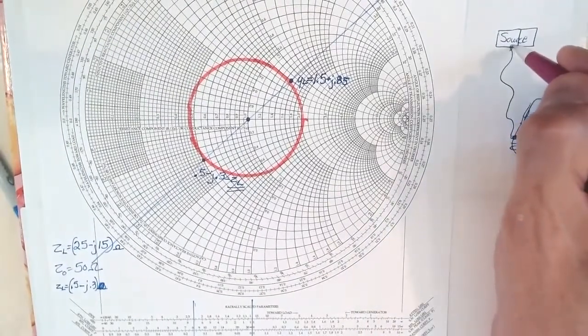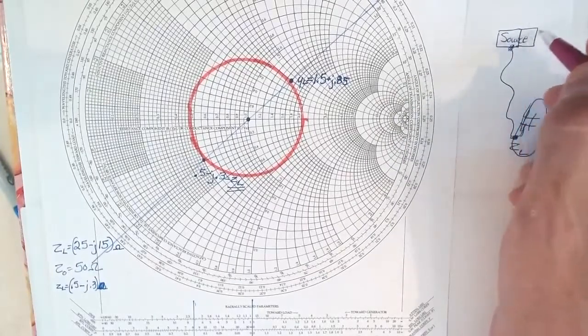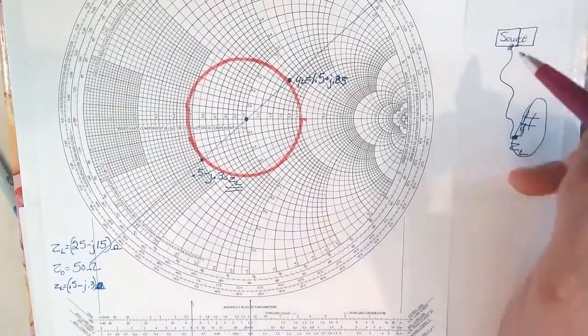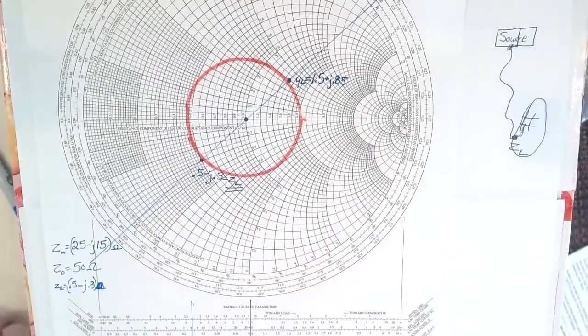Does that include this line from here to here? No, it doesn't. Although we know that this line here has a constant characteristic impedance. So we know that the voltage standing wave ratio along that line is always going to be the same.